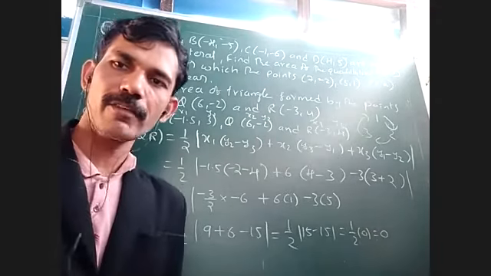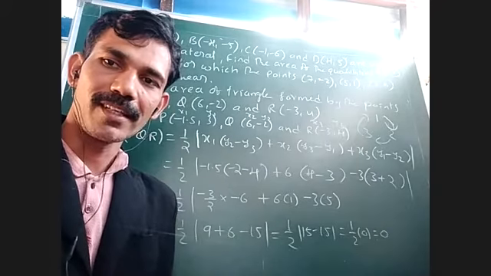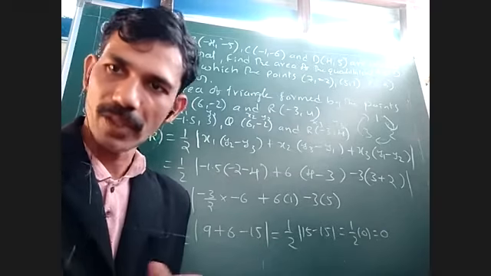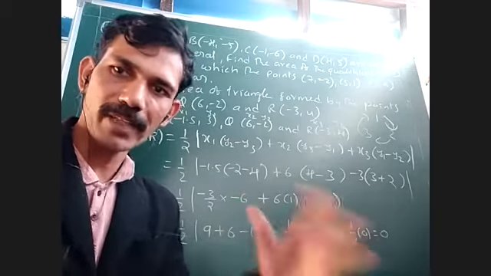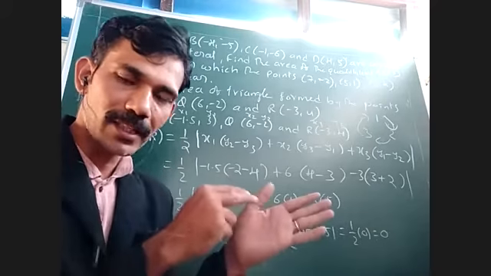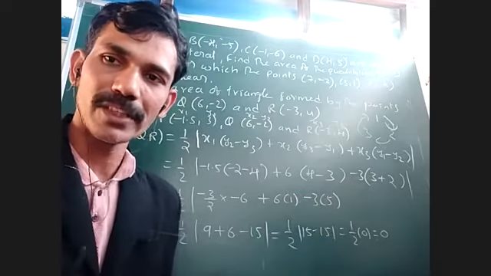Will the area of a triangle be 0? No. For a triangle, the three points should be non-collinear. Non-collinear points form a triangle and have some area. Here, if area is 0, the three points lie on a line, that means they are collinear. That's why the area became 0.